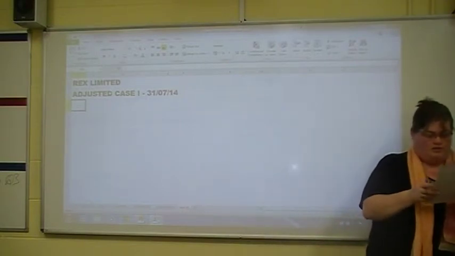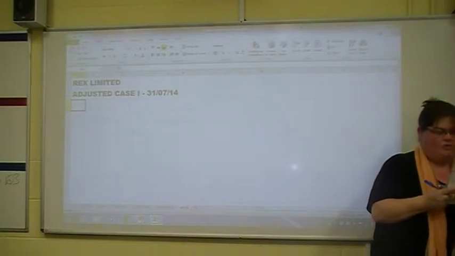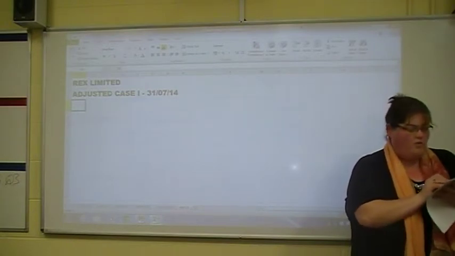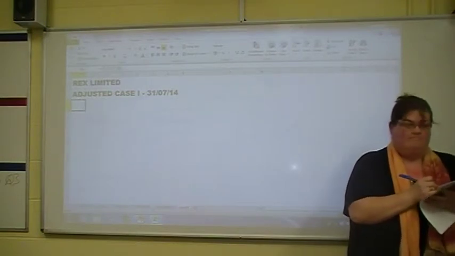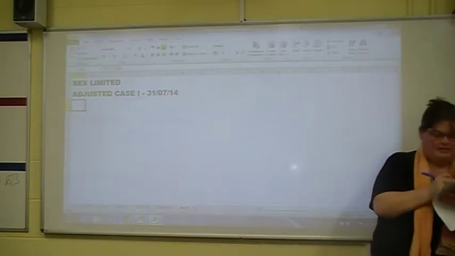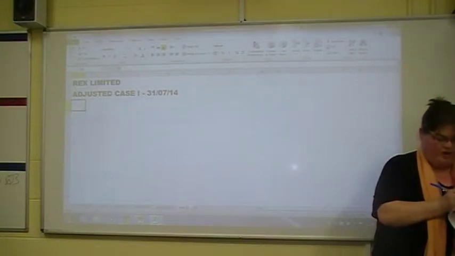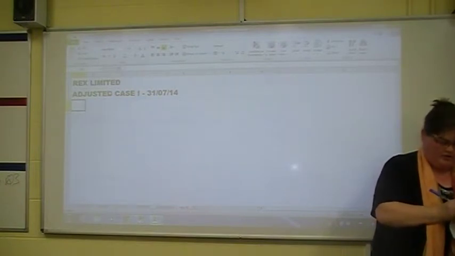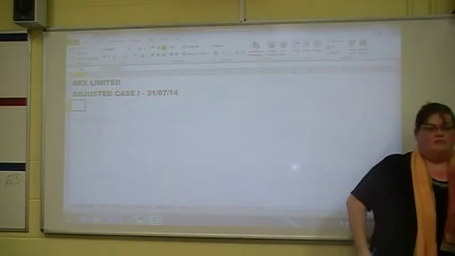Then on the next page, in part 4, the company has a Case 5 loss carried forward from 31st of July 13, and the gain arose in March 14. And the tax written down value figure at the 1st of August 13. Then just bring it up to date to the 31st of July 14, because all of it would be 14.